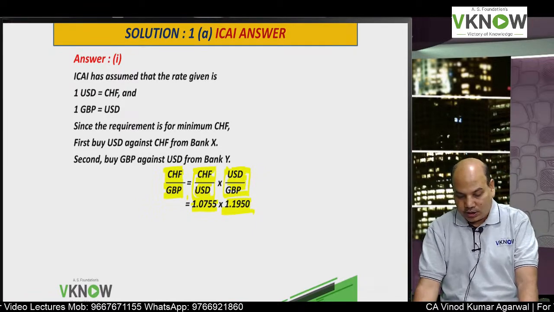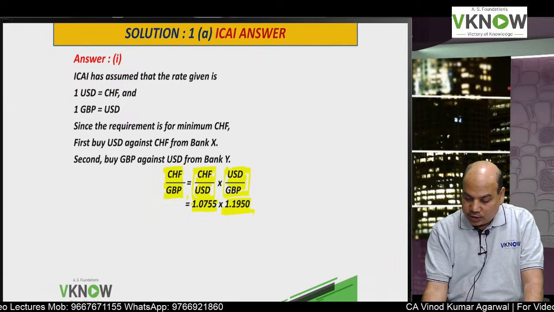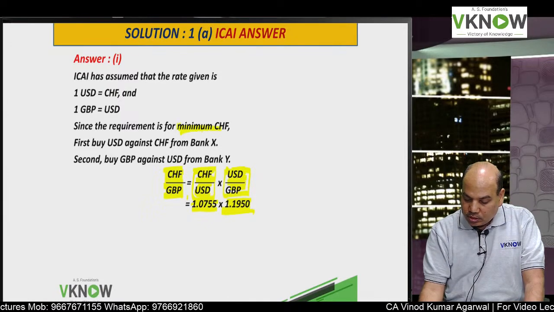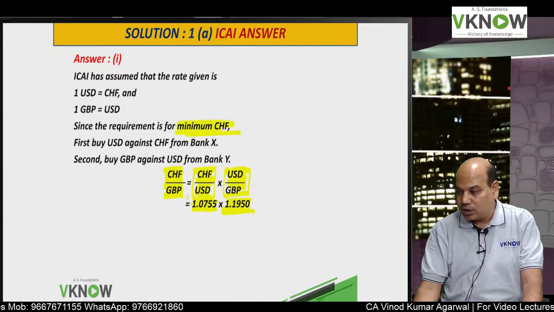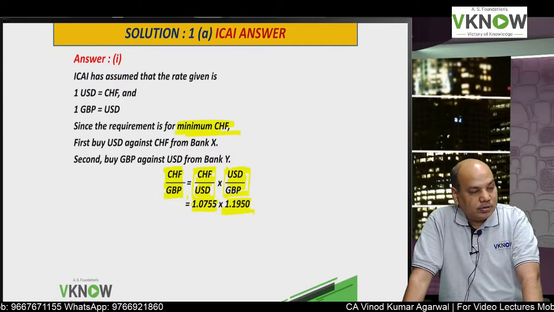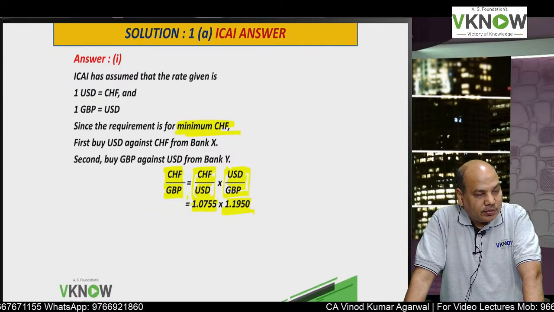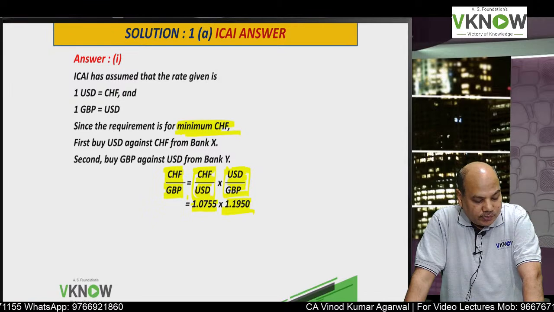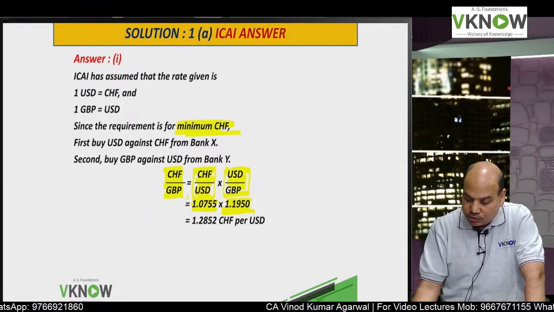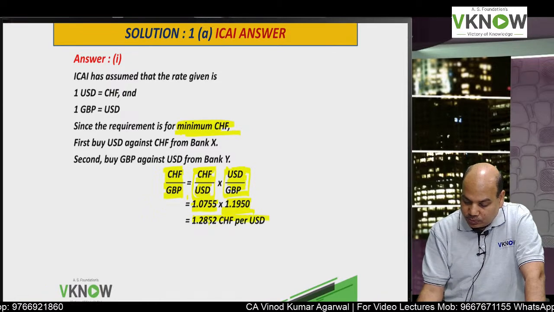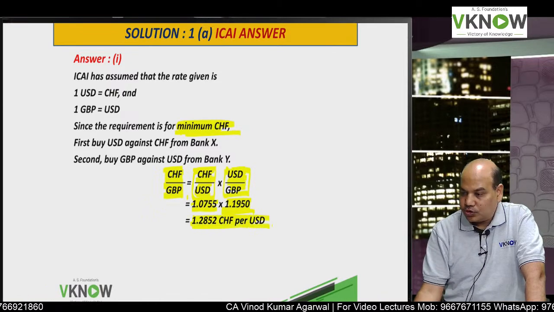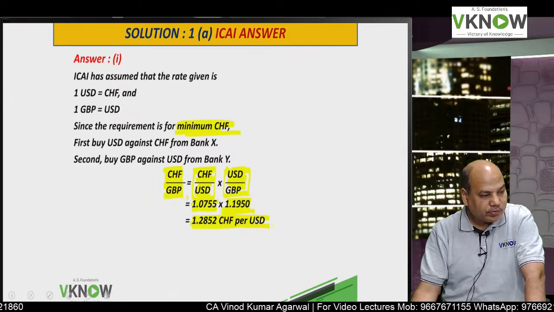I hope you are understanding. Our objective is to find how much minimum CHF I have to pay. So I will buy USD from bank X, I will buy GBP from bank Y. So my rate is 1.2852 CHF per USD. Is it right?